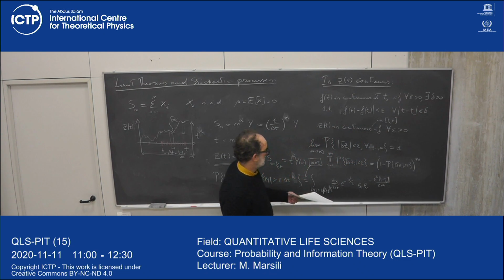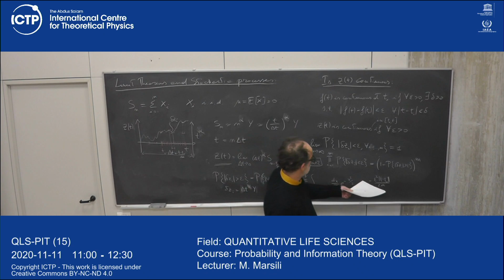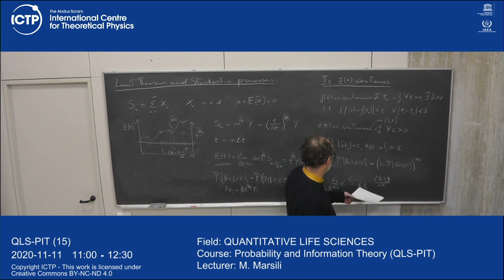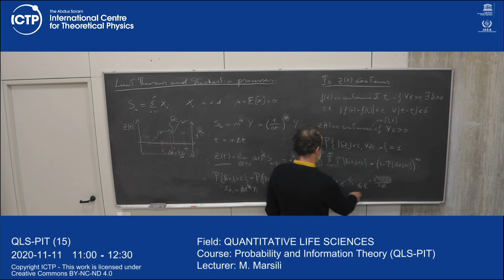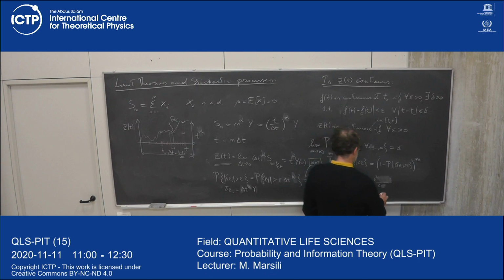So now, sorry, delta t is at the denominator, so it should be m divided by t minus t0.